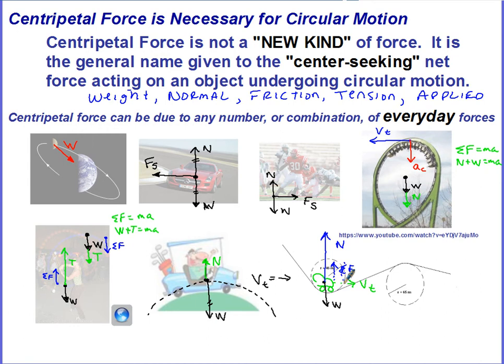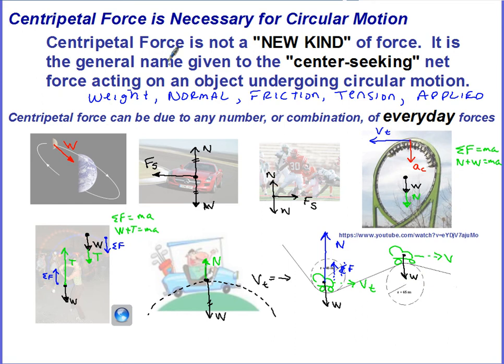And similarly over here, we could look at what would happen as I go over that hill. Going over that hill, the weight again would still be the same, W. The normal force would become smaller based on how fast they're going.